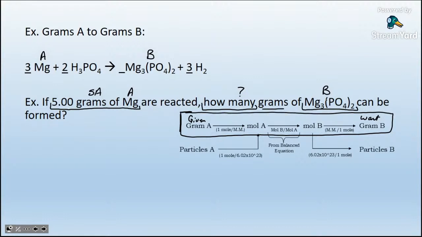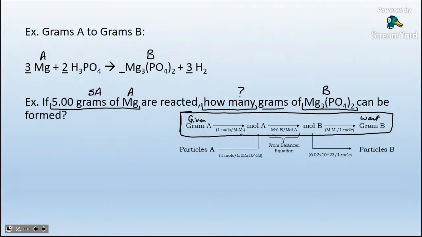And please recognize that in any of these problems, I'm starting with grams, but I just as easily could have started us out with particles to calculate moles. And then we're right back onto the main road of this roadmap. Okay? I've chosen to just start each one with grams and deal with molar mass rather than Avogadro's number.